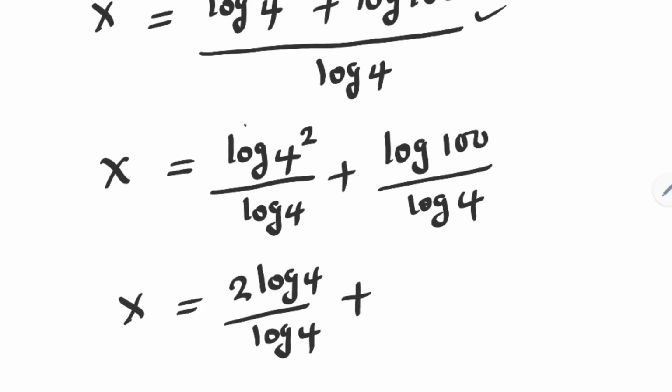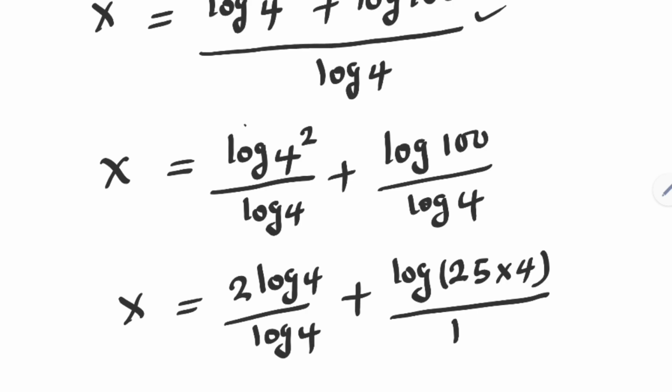plus log 100 can be written as, that is this, log 25 multiplied by 4 divided by log 4.